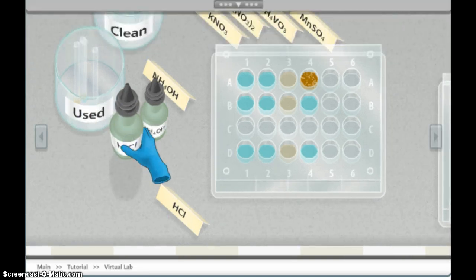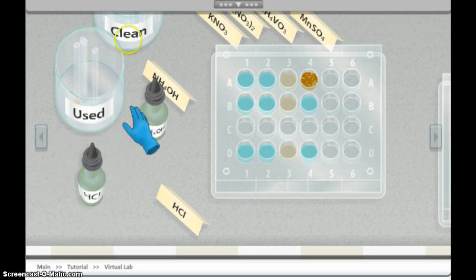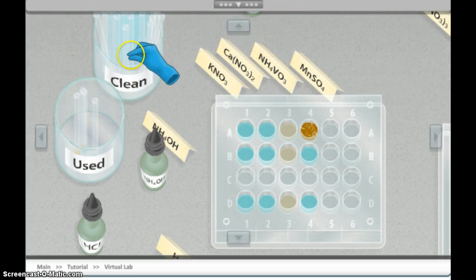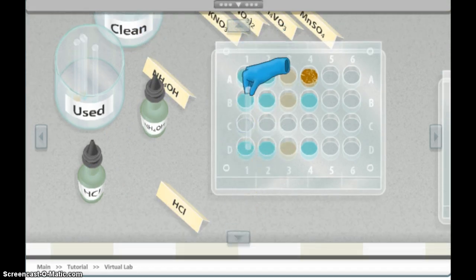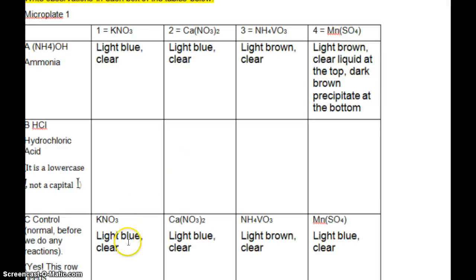So we're going to add our HCl with our potassium nitrate. And we are going to stir it. And what would we put for this observation? Yep, light, clear, blue.